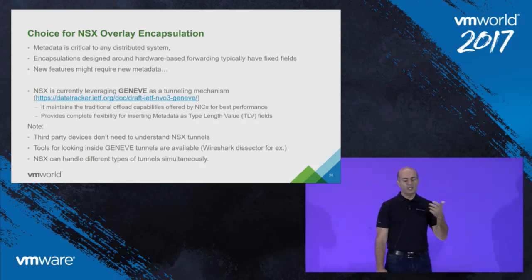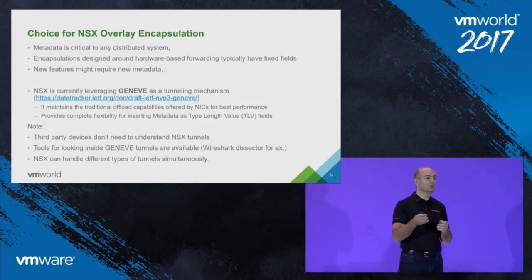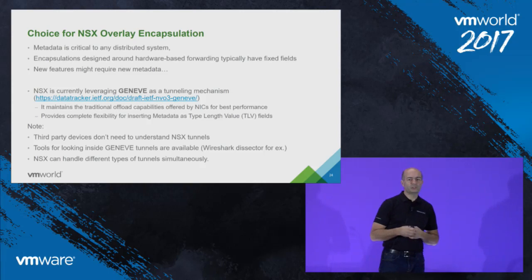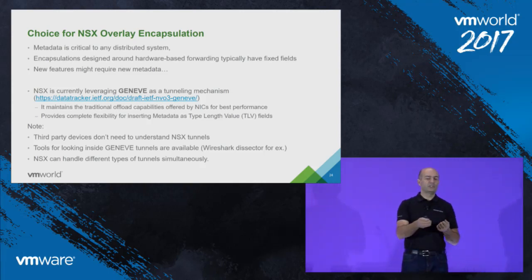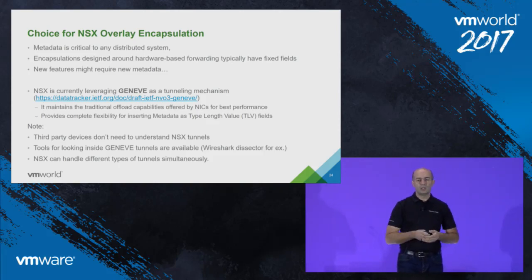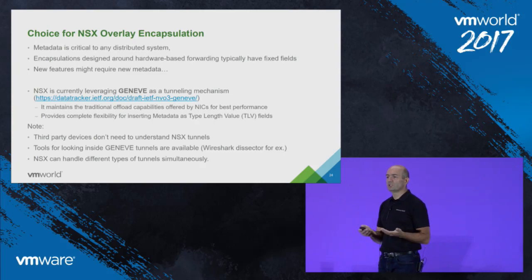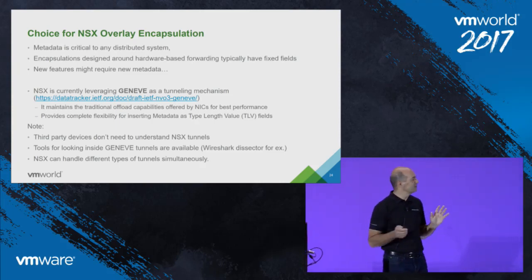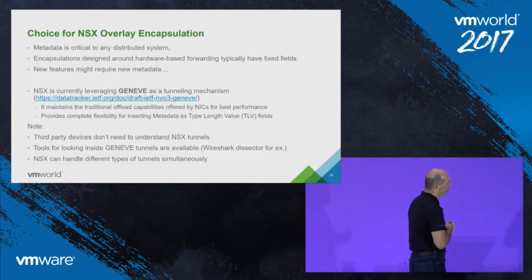And lastly, we in NSX are flexible and we can change our encapsulation. Those are point-to-point tunnels we are doing. So if we absolutely need to talk to a hardware device using a tunnel, we could send them a VXLAN encap just for them and keep talking Geneve to our other transport nodes. So it's not really a big deal for us, the kind of encapsulation.